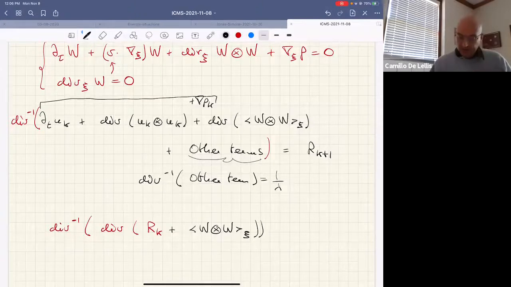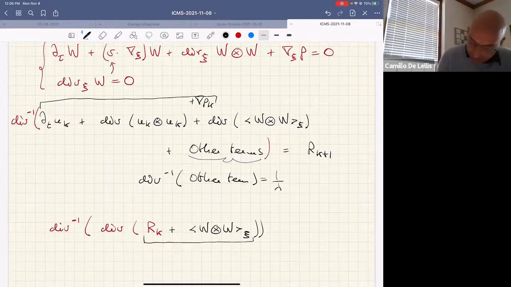These other terms have a 1 over lambda, but this one doesn't, and this one I really want to be able to zero, and this is where I will impose that this condition is equal.